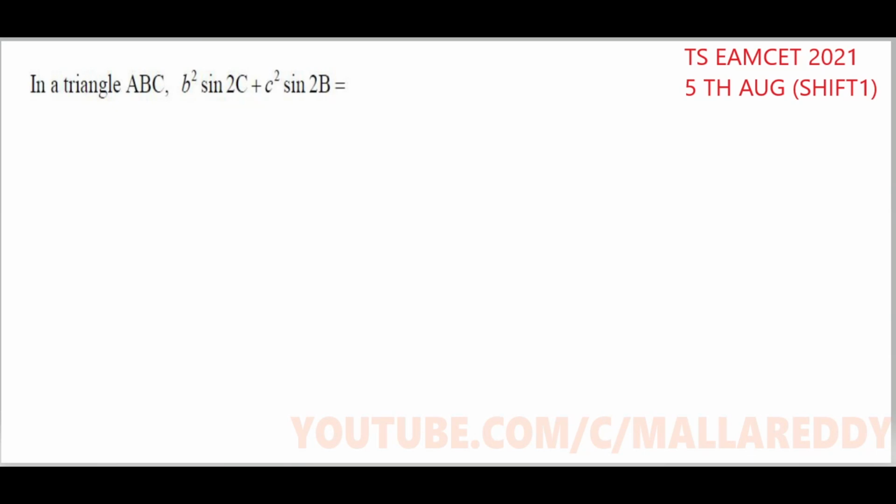In triangle ABC, b square into sin 2C plus c square into sin 2B is.